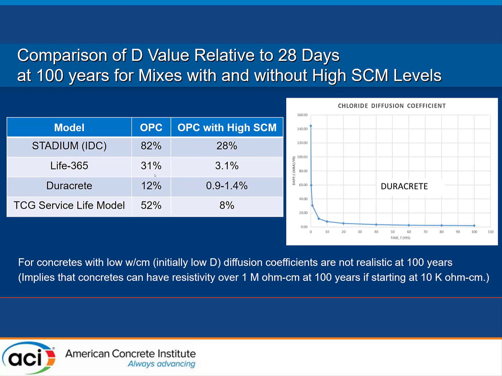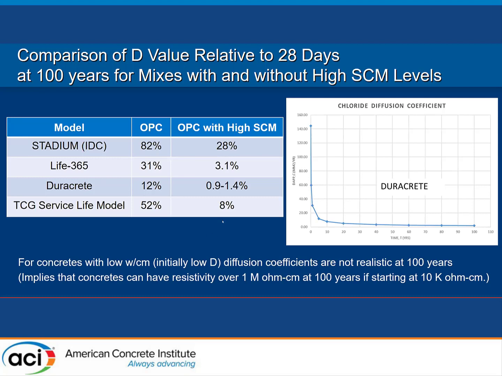So compared to Stadium, it's making a really large difference with having SCMs here. Duracrete, it's 12% at 100 years for the cement, and it's down into the 1% range with a high SCM content. The model we have is 52% and 8%, which is a little bit lower than Stadium, but higher than the other two.